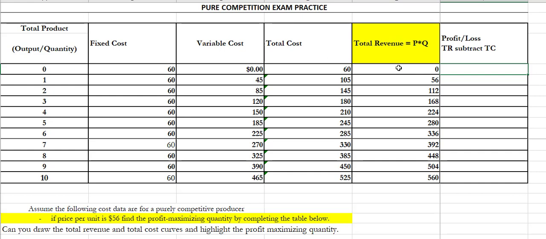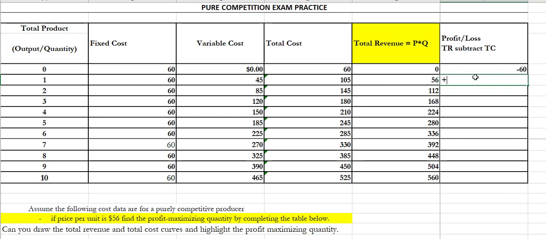So when you produce nothing, you earn zero, but you still have to pay the $60 fixed cost. So 0 minus 60, that would be your losses at output level 0. What about when you make 1 unit of the good?